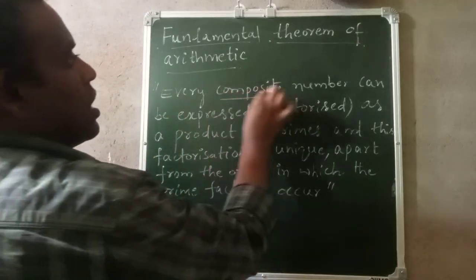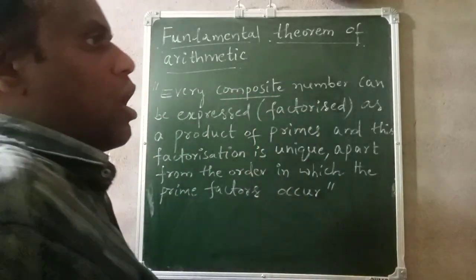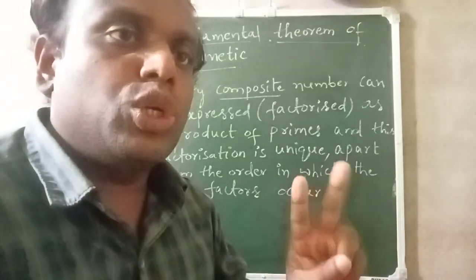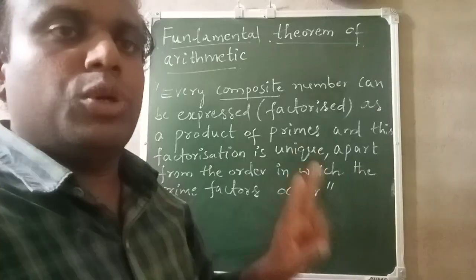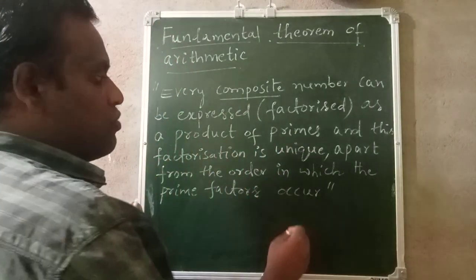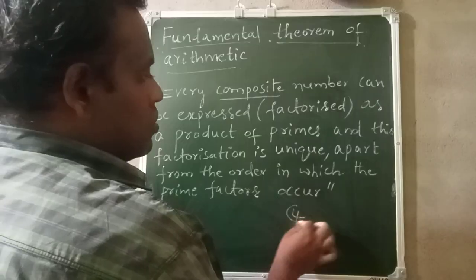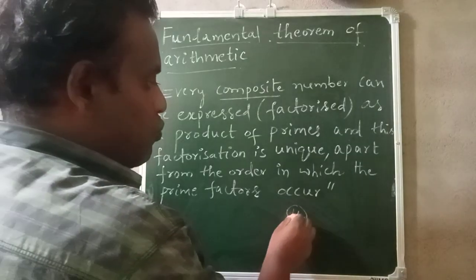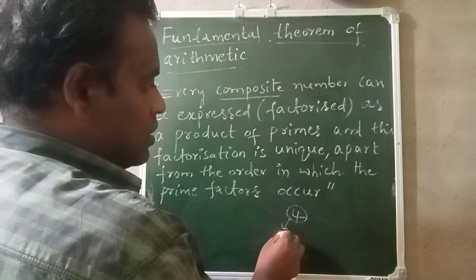First we will see composite number. Composite number means it has more than two factors that can divide the number completely. I will take for example 4. See, 4 can be divided by 1 completely, correct?